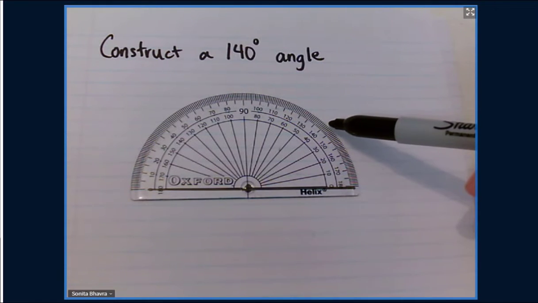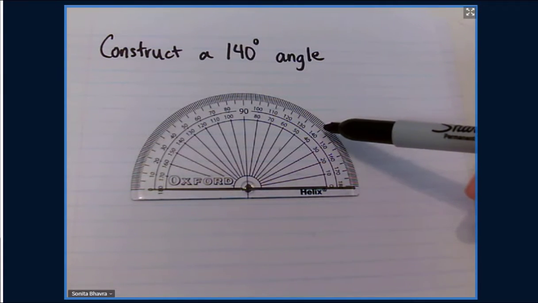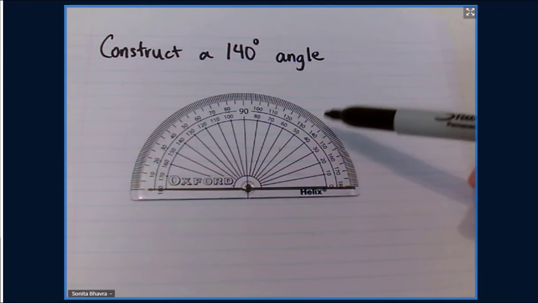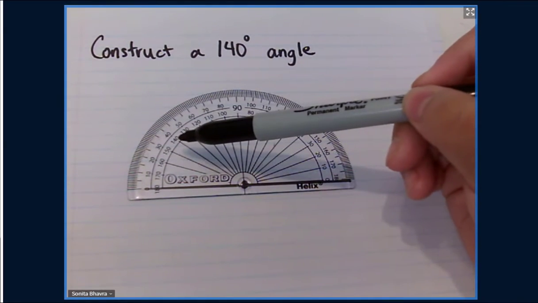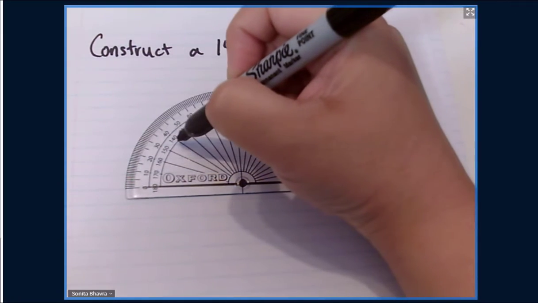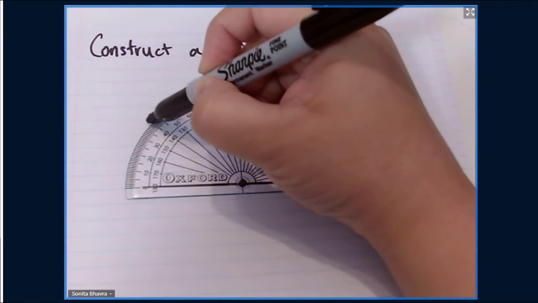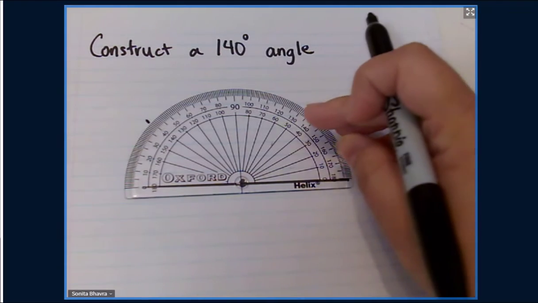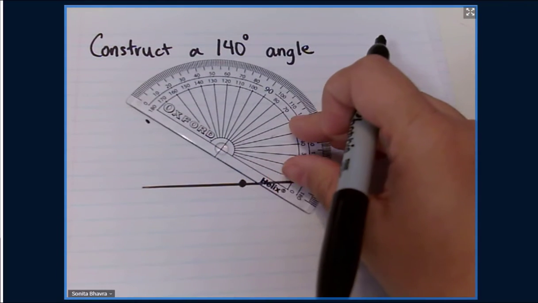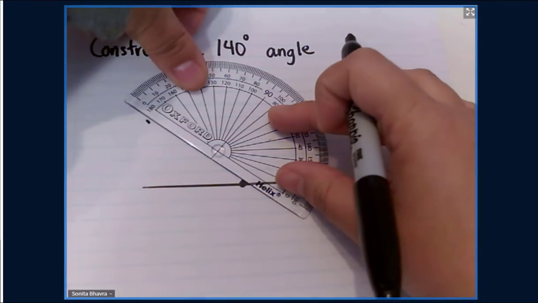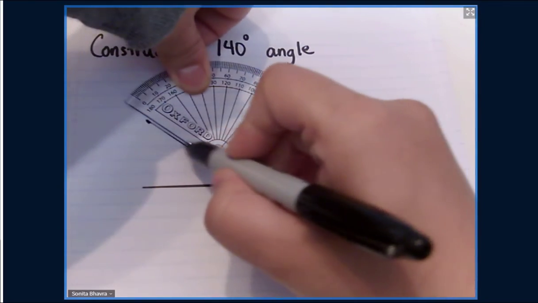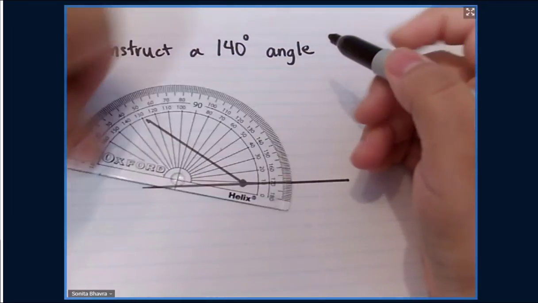But that will make an acute angle, and we know that 140 degrees is an obtuse angle. So we can't use our top number here. We have to use the 140 degrees shown here. Just follow that line like that, and make a mark like that. Then you would take your straight edge like so, hold it and construct it like this.